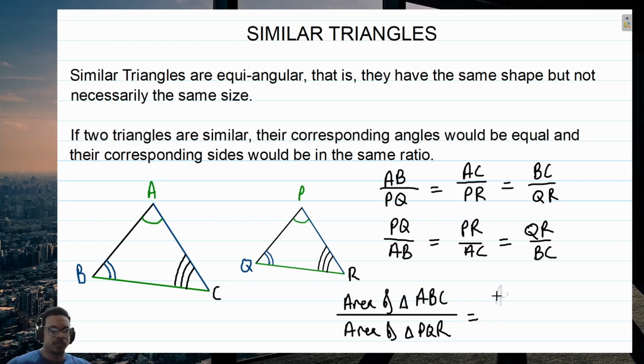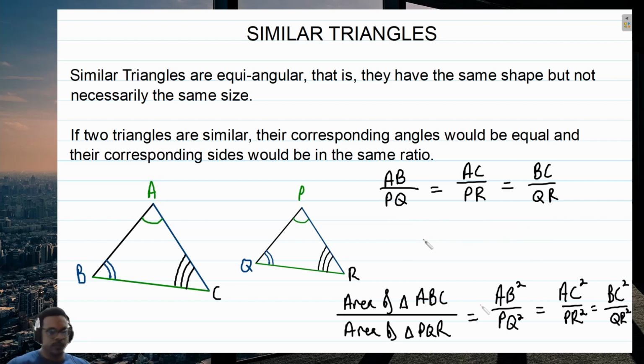So this would be equal to AB squared divided by PQ squared, which would be equal to AC squared divided by PR squared, which would be equal to BC squared divided by QR squared. Now notice the ratios for the area is just like this. The only difference is the lengths of the sides are squared.